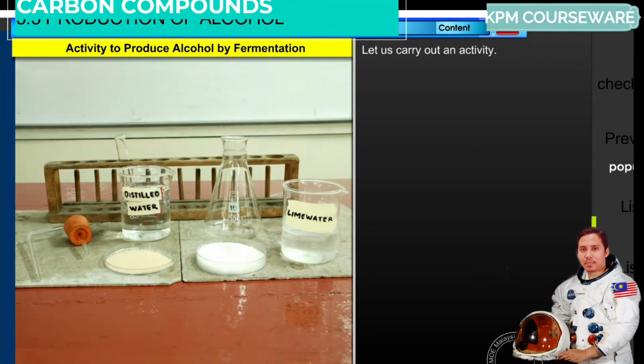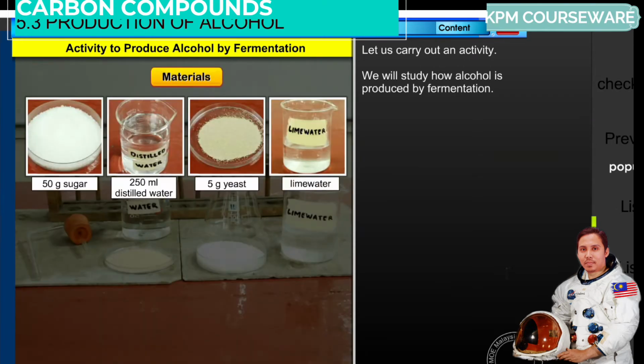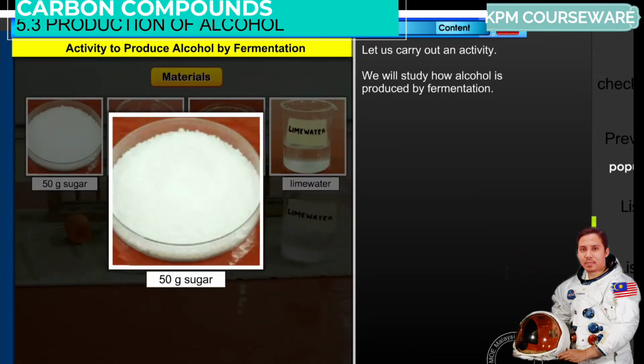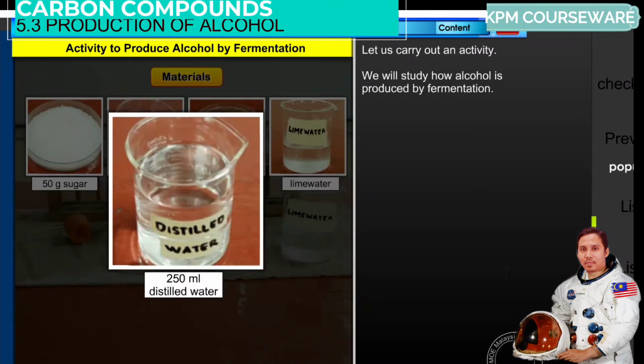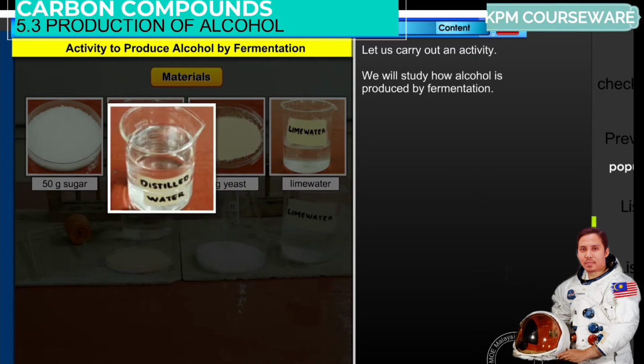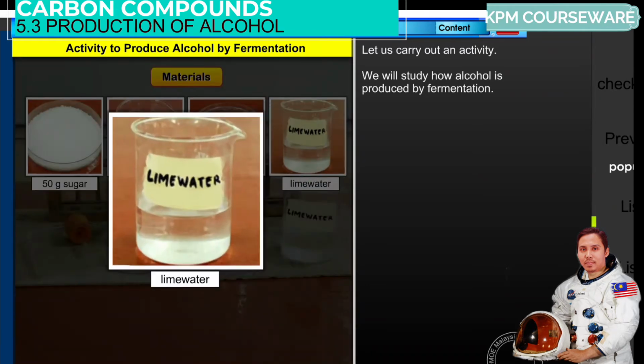Let us carry out an activity. We will study how alcohol is produced by fermentation. You are given these materials for the activity. 50 grams sugar, 250 milliliters of distilled water, 5 grams of yeast, and some lime water.